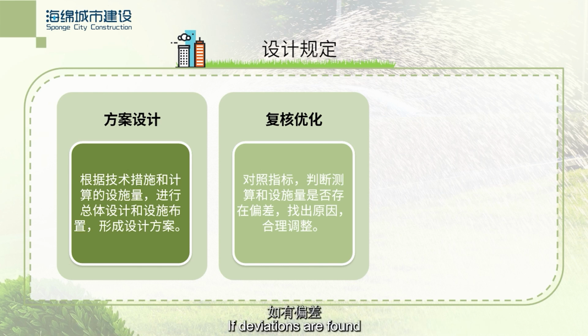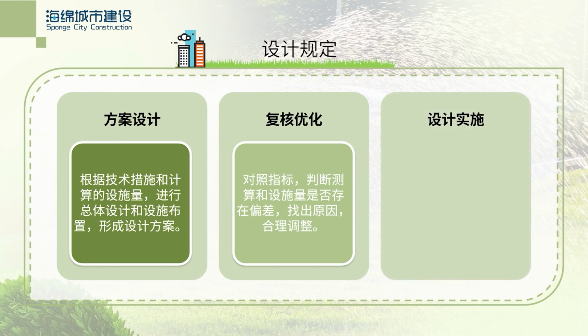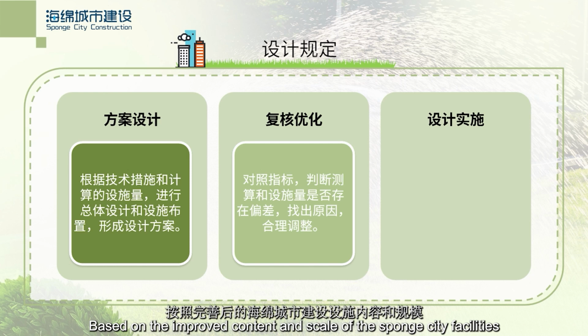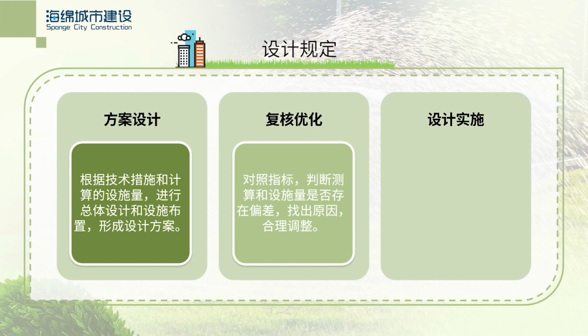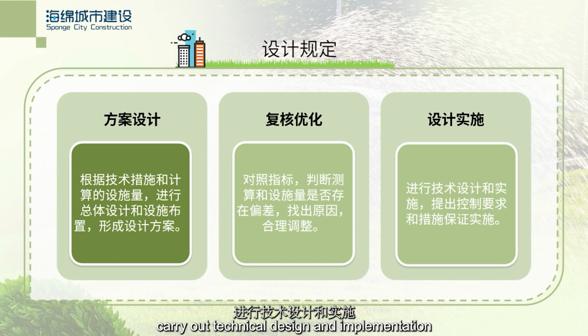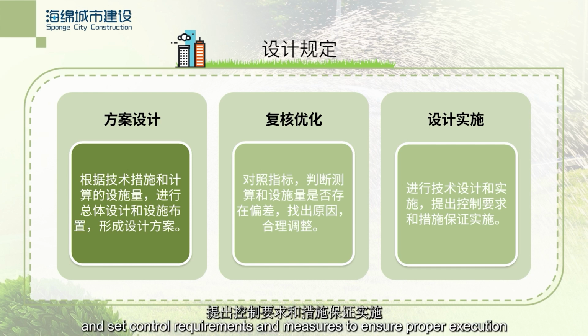If deviations are found, identify the reasons and make reasonable adjustments. Design implementation. Based on the improved content and scale of the sponge city facilities, carry out technical design and implementation, and set control requirements and measures to ensure proper execution.